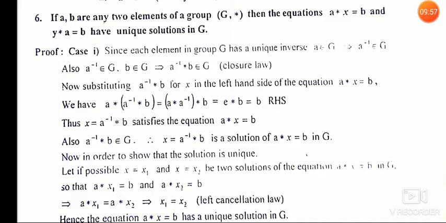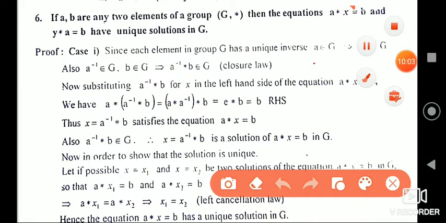Since each element in a group G has a unique inverse, for any element A belongs to G, that implies there exists A inverse belongs to G. For each element A, there exists an inverse A inverse. So A inverse also belongs to G.